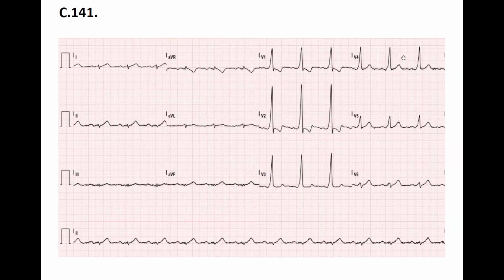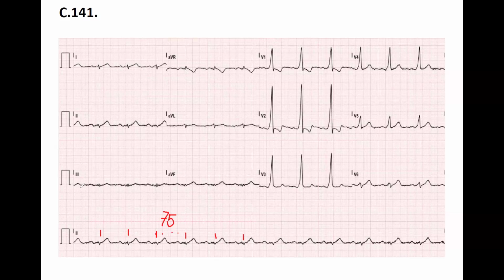Okay. So we look at the rhythm. It looks to be pretty rhythmic. Good. The rate is around 1, 2, 3, 4, so like a 75 heart rate. And then we look whether it's a normal sinus rhythm.